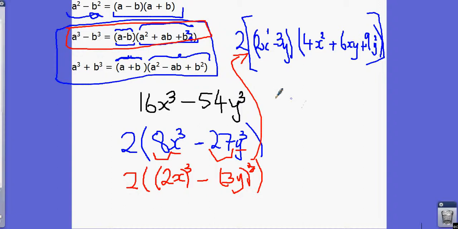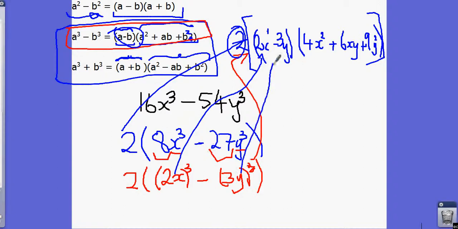Okay, it's a little bit messy there, but let's just go through it. That is the 2 that we took out, our common factor. In a minus b, our a is 2x, so we get 2x minus b, which is 3y.